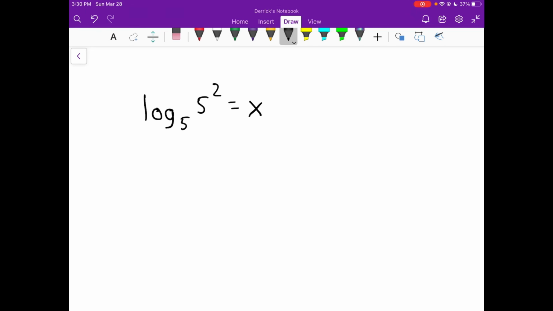But the catch is you want to treat 5 squared as all one term. So 5 squared is all one piece, and then we've got our base, and then our lonely number on its own. And so if we look at it that way, then changing this to exponential form would give us a base of 5 to the x power is equal to 5 squared.